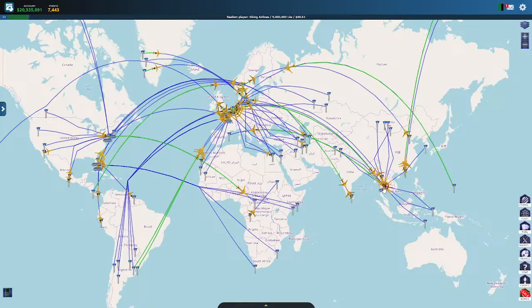Here on Bangkok, you see a lot of small planes flying, and they don't have that many passengers, so you can have more planes flying in and out. I don't have that many actually. I have 4 there and 3 there and 2 there. That's not that many, really.